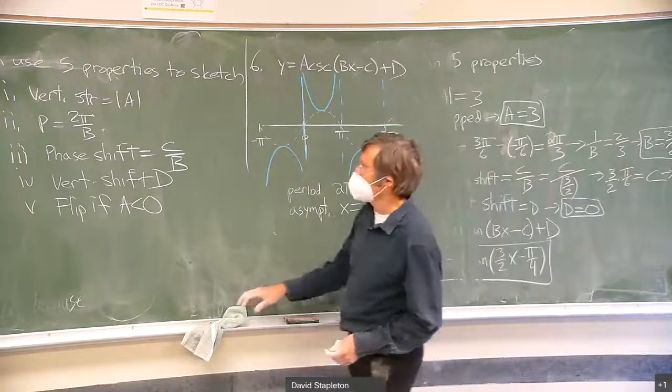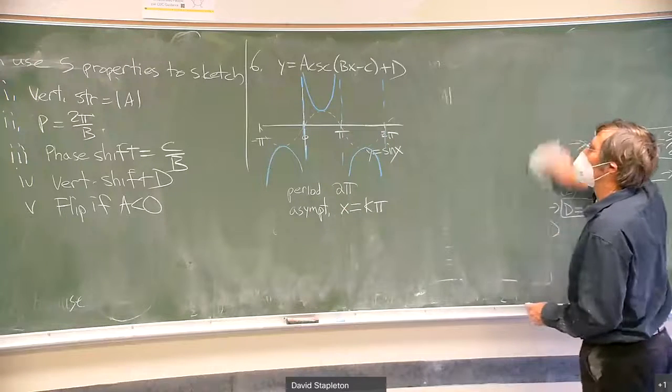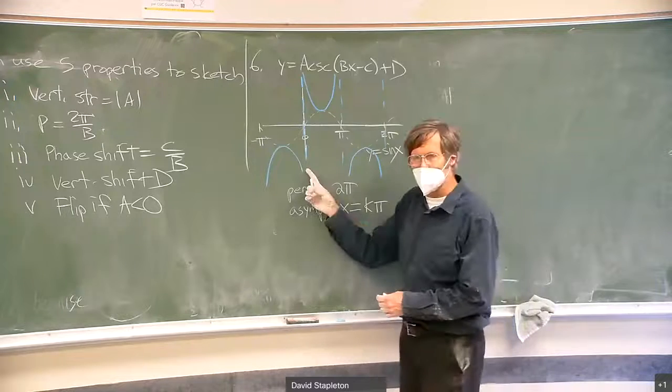All right, now as the last step here, for the few minutes we've got left, is to sketch these ones with the A, B, C, D in them. It's very easy. It's just like these.